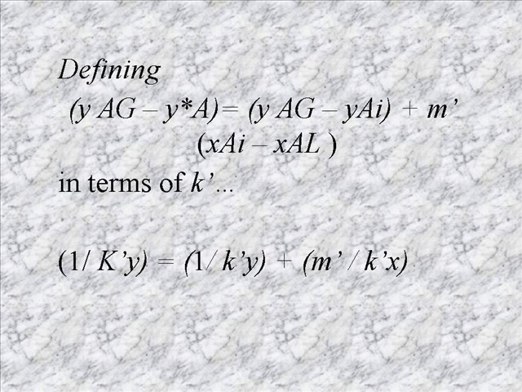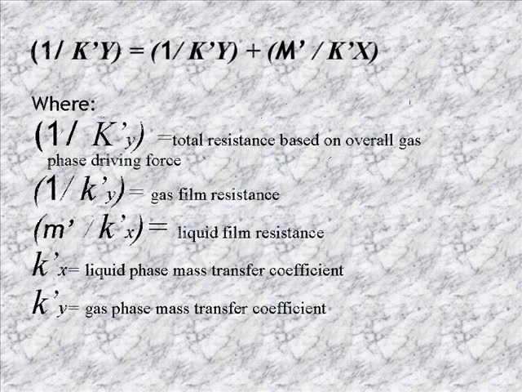We can define the equation 1 over K prime Y, the reciprocal of K prime Y, as the total resistance based on the overall gas phase driving force, while the small k prime Y's reciprocal is the gas film resistance.